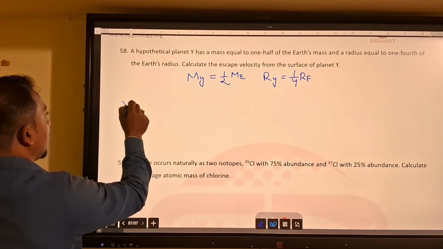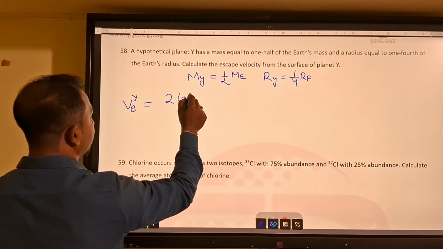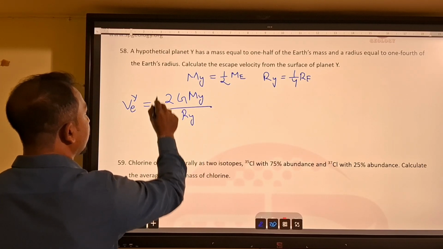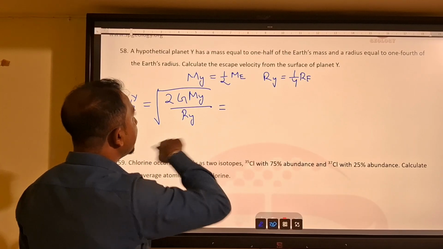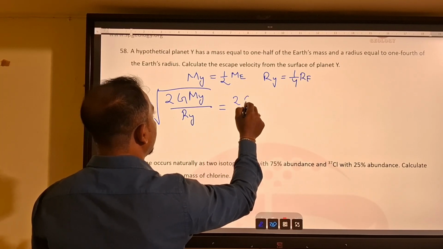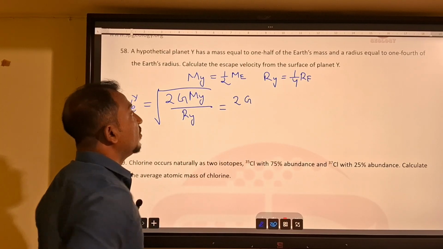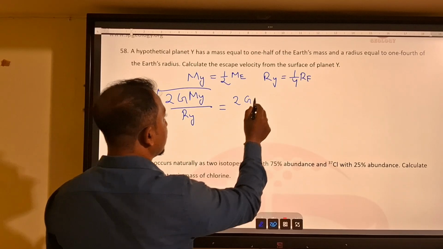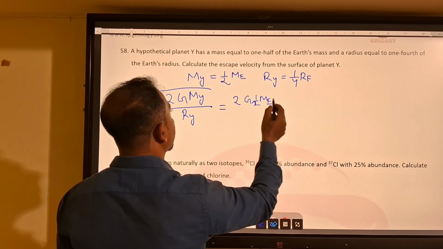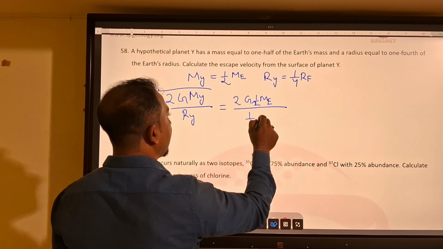So we'll put the formula, escape velocity of Y equal to root over 2 g my divided by ry. So it will be 2 into g, then mass of the Y planet is half of the mass of the Earth, so it will be 1 by 2 me, divided by 1 by 4th re.